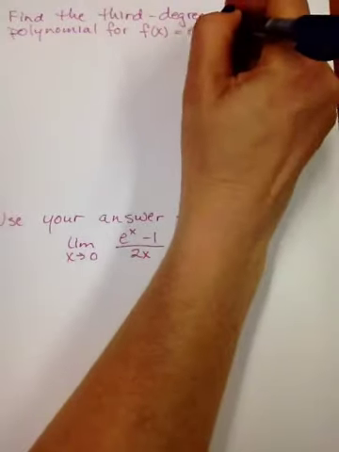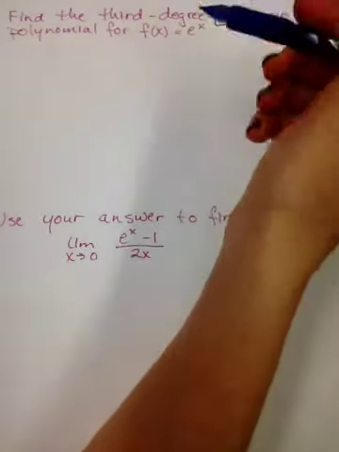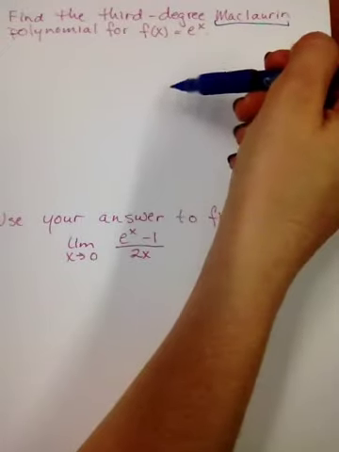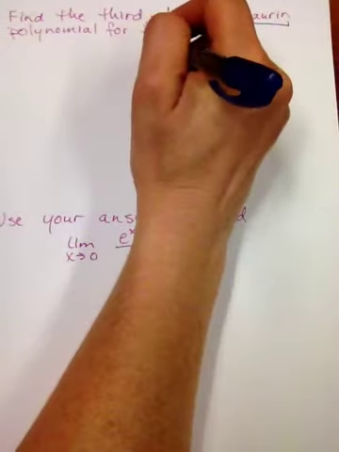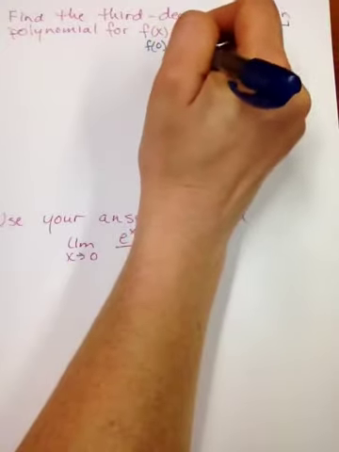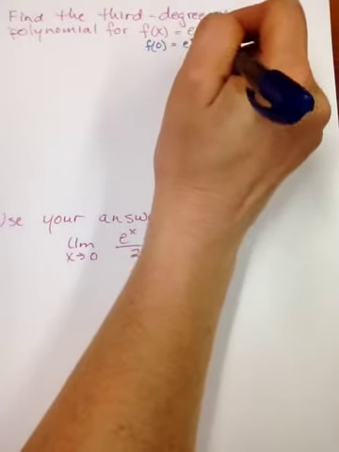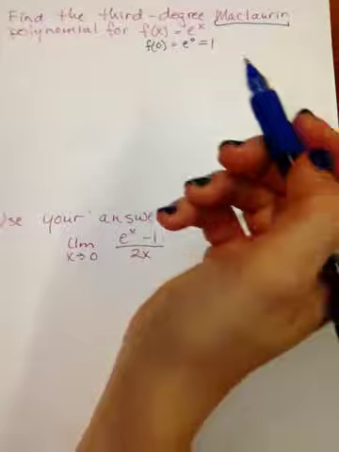Now it's Maclaurin, so I will evaluate the function and all of its derivatives at 0. So I know f of 0 equals e to the 0, which is 1. So this is a very quick polynomial to write.